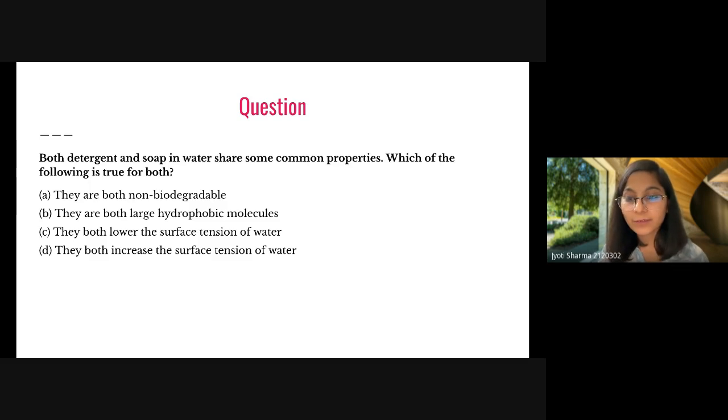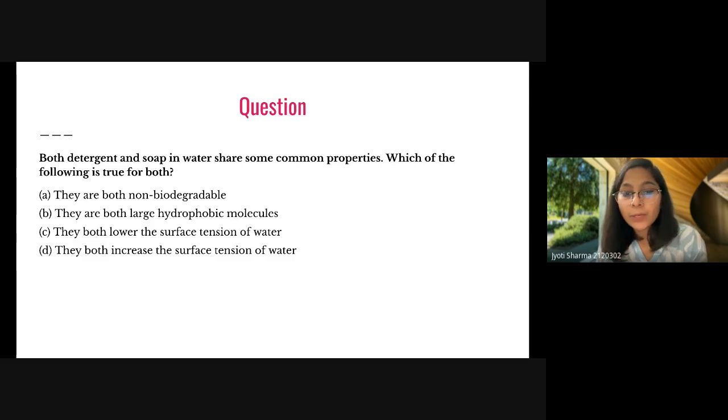We know the answer of this, right? If we go to the first one, they are both non-biodegradable. No, this is not the right answer, because one is degradable and the other is non-degradable. Detergent is non-degradable and soap is biodegradable.